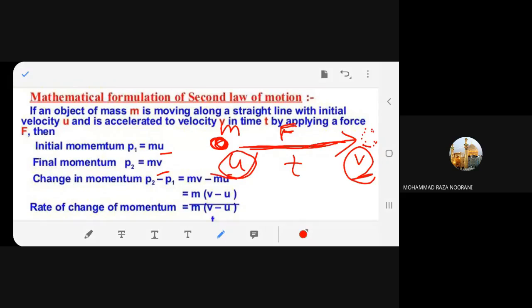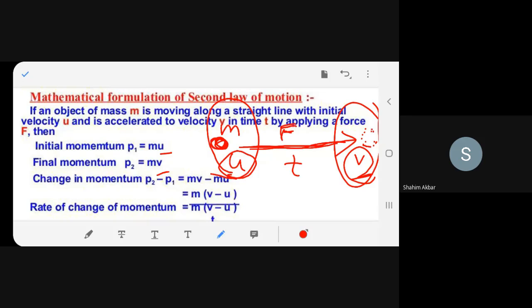So one momentum we find over here and the other momentum we find over here. Okay, so initial momentum is equal to mu and final momentum is equal to mv. Have you understood this much? Abdul? Have you understood these two lines?